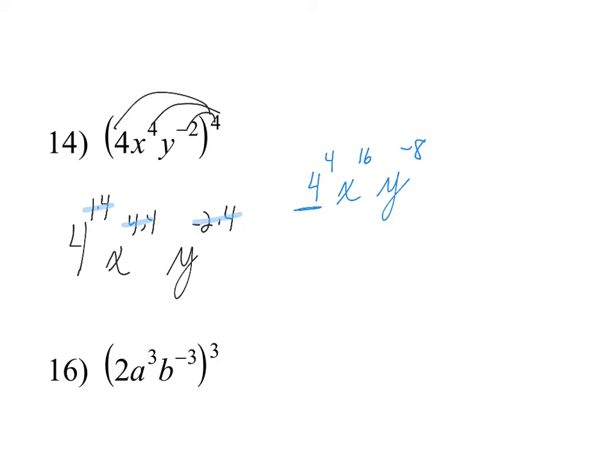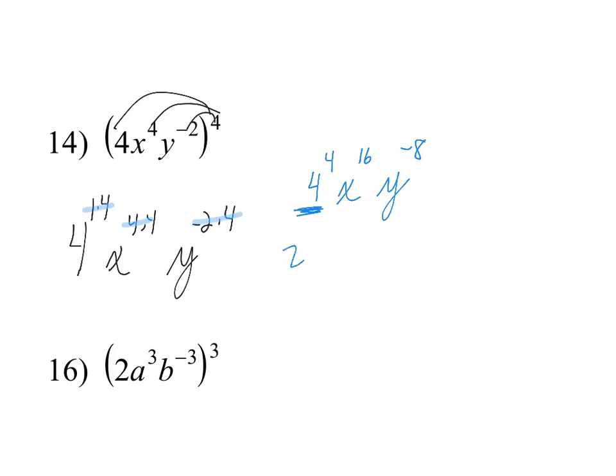Anytime I have a number base, I need to go ahead and punch that in the calculator. You can do it in your head, great. If you can't, don't miss easy math because you don't want to take out a calculator. So we're going to take 4 to the 4th power. It's 4 times 4 gives me 16. Times 4 again gives me 64. Times 4 again gives me 256.